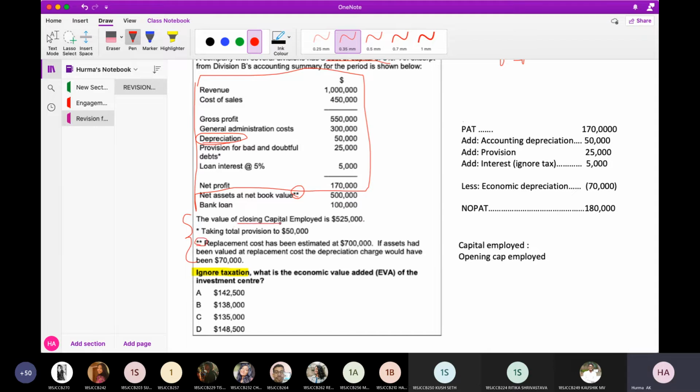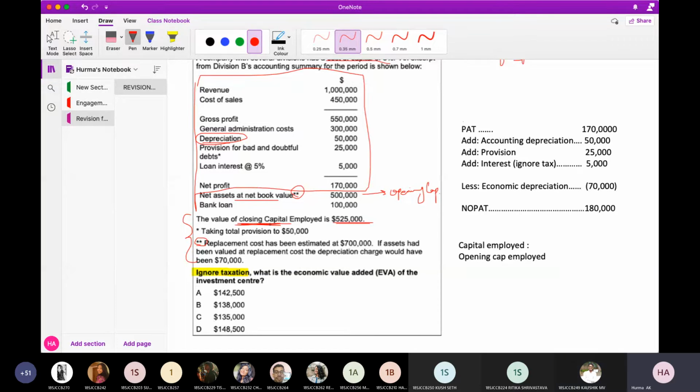So this is the closing capital, 525. So what should this be? This will obviously be the opening one, isn't it? They've already told you closing capital employed is 525. There's one more value given to you. If one is closing, the other one will be opening only, no?